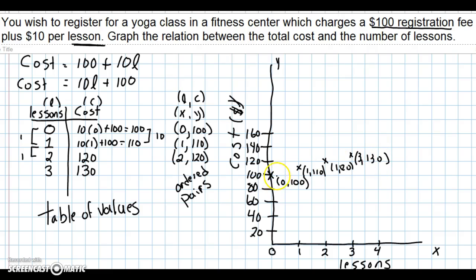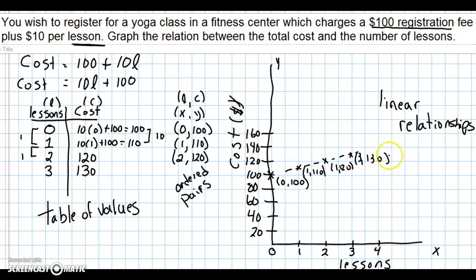Now, looking at my graph, I can see that this would form a straight line going through. So we say that this is a linear relationship, because the relationship between our lessons and our cost forms a straight line.